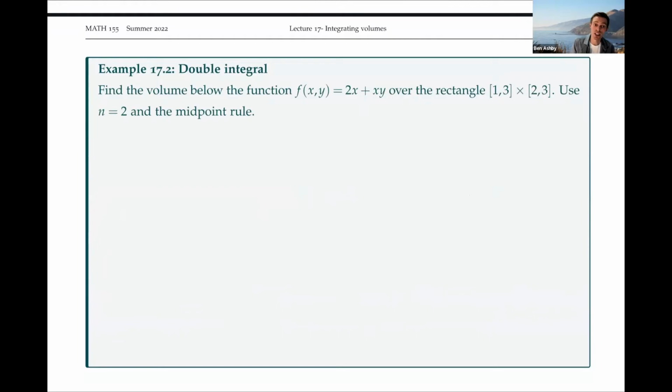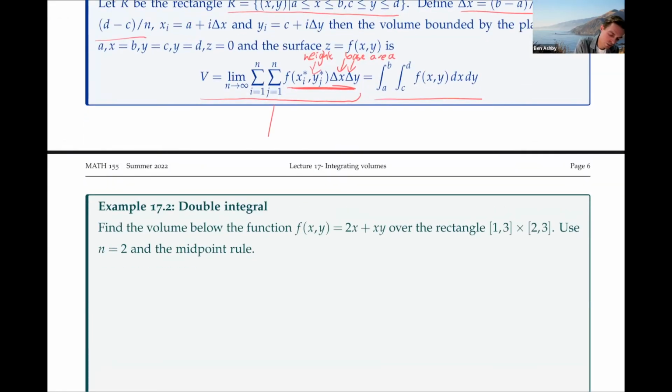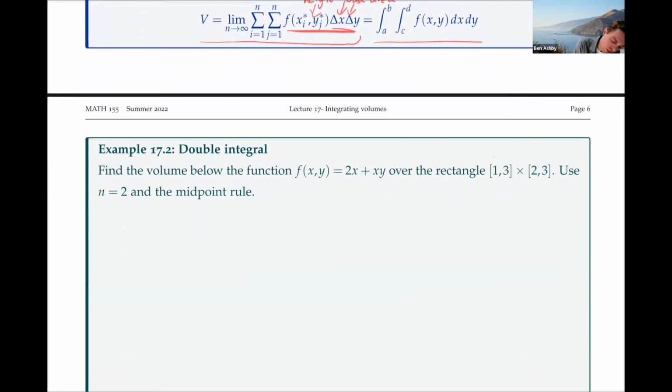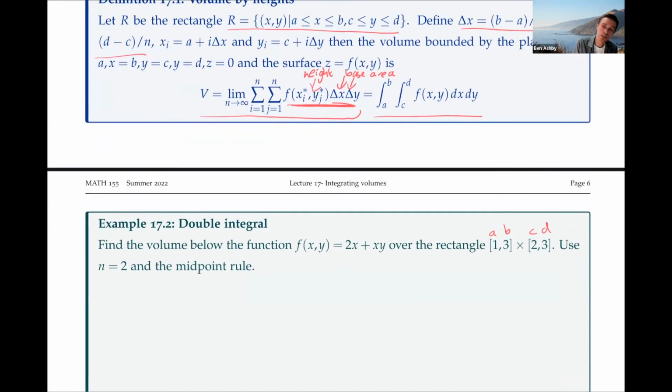a volume underneath a surface using the midpoint rule. Okay, so we can use essentially this formula up here, but without the limit, and substitute in our A and B values. So this is going to be our A, this our B, this our C, and this our D. So we know from our definitions, which I'll leave just up there, that A is equal to 1, B is equal to 3.